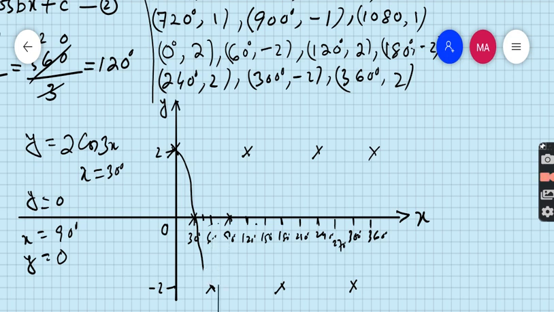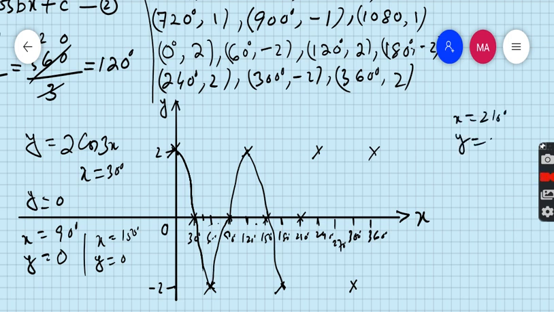Sorry. My graph is not very good, but you can draw a very good graph. Next, if you take x is equals to 150 and put x is equals to 150 in this equation, you will get again y is equals to 0. You can check. Next, if you take x is equals to 210 and put in the given equation, you will get 0.